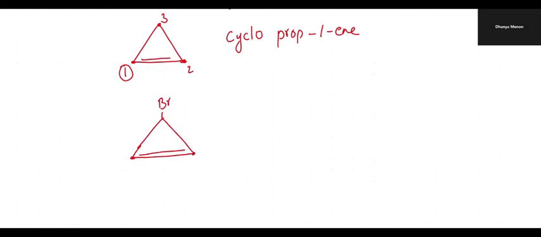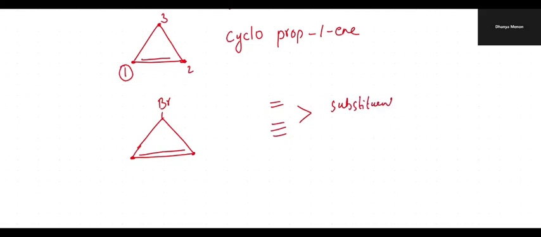Now, here there is a substituent, bromo, and there's a double bond. Who is given more importance? Always, a double and triple bond have more priority than the substituents.